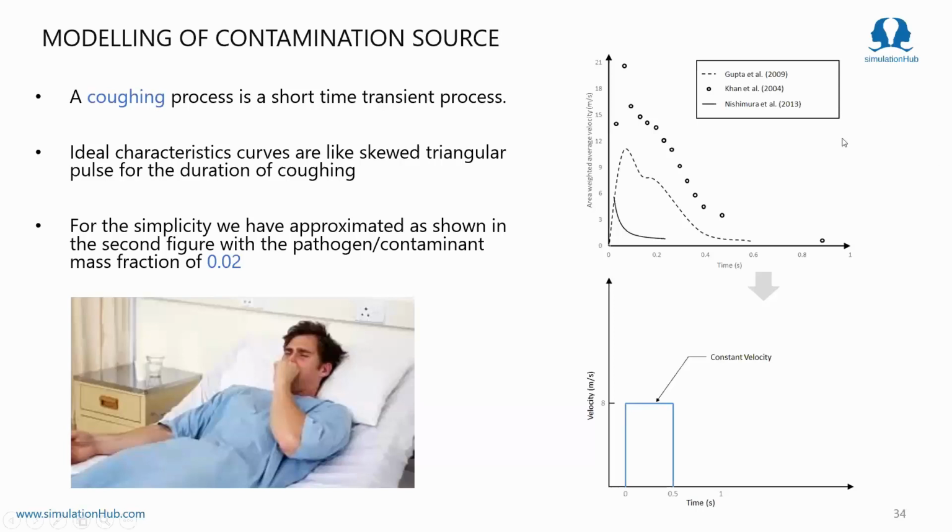And you can see on the right hand side top figure, it is an ideal characteristic curve of a coughing process which was obtained by Gupta et al. through his experimental work, which is similar to a skew triangular pulse, and this is only for the duration of the cough. For simplification, in our CFD case study, we have modeled the characteristic curve as shown in figure 2, with a mass fraction of pathogen gas of 0.02 entering with the cough gas in the room.